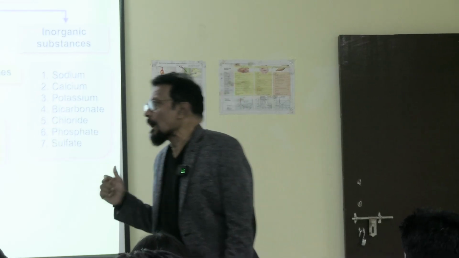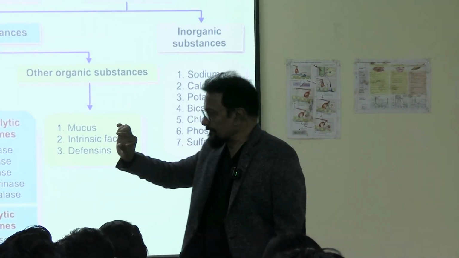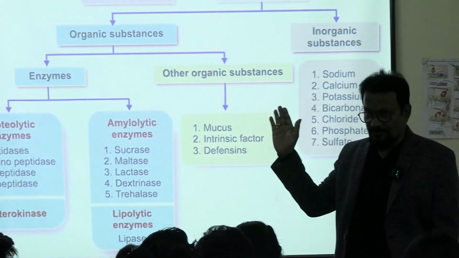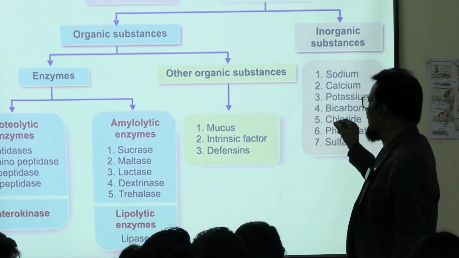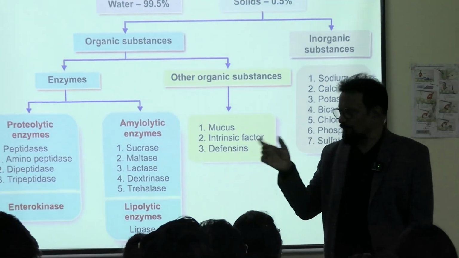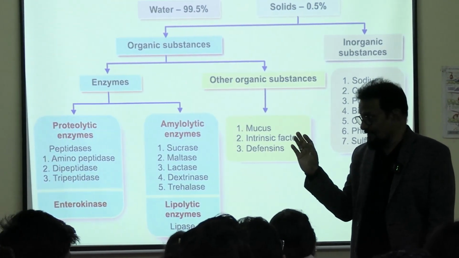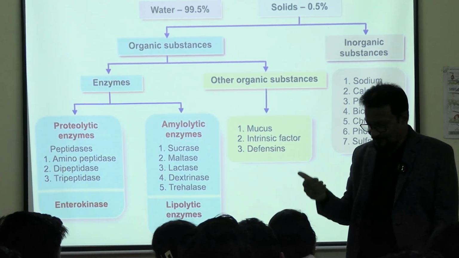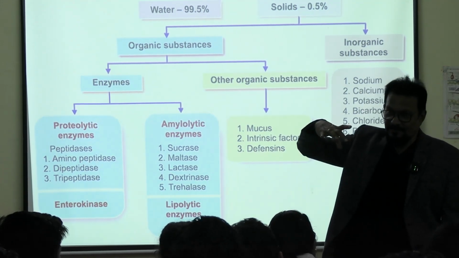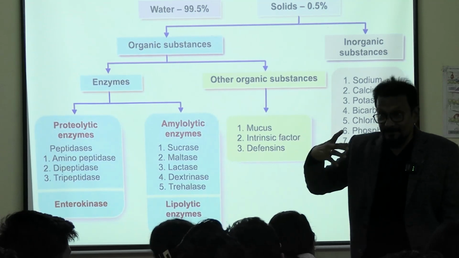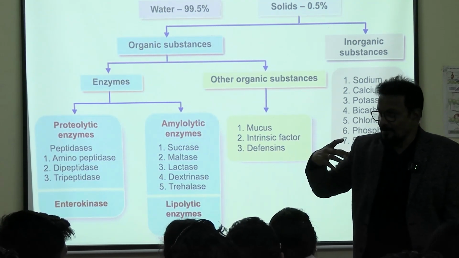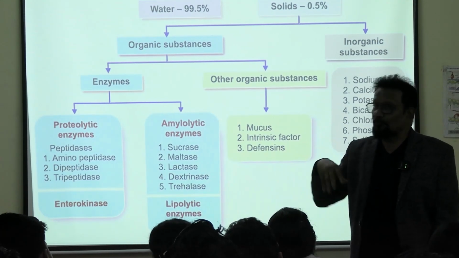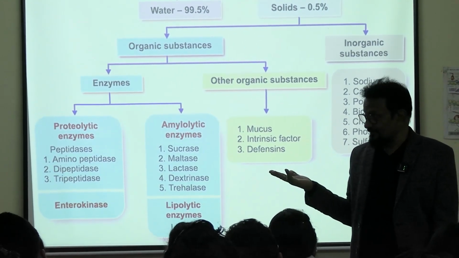Activation means this trypsinogen is made of amino acids only, and it has some extra amino acids, 2, 3, 4 amino acids are extra. They will split off these extra amino acids. So trypsin will be the outcome. Now it is activated. Now this trypsin will convert all other proenzymes, inactive enzymes.